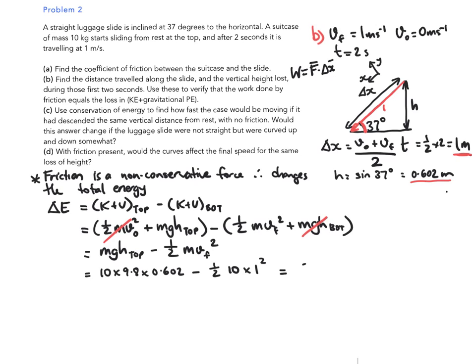That comes to 54 joules. So there's an energy loss of 54 joules. There should be a minus sign in there if you do this around the right way, but we really just know that there's a difference in energy of 54 joules from the top to the bottom. So we've lost some energy somewhere.